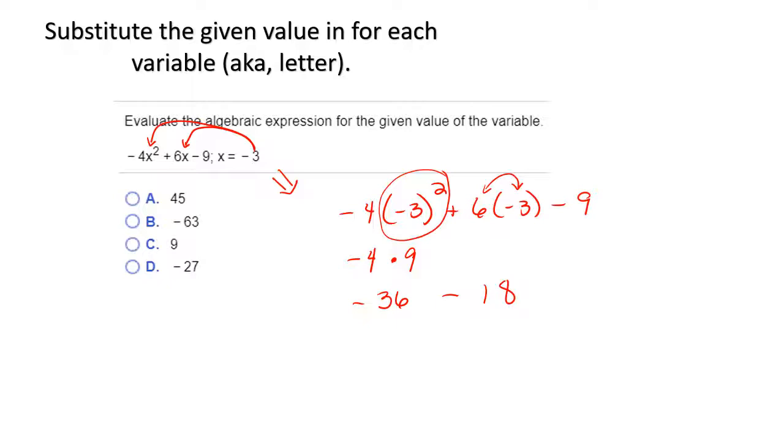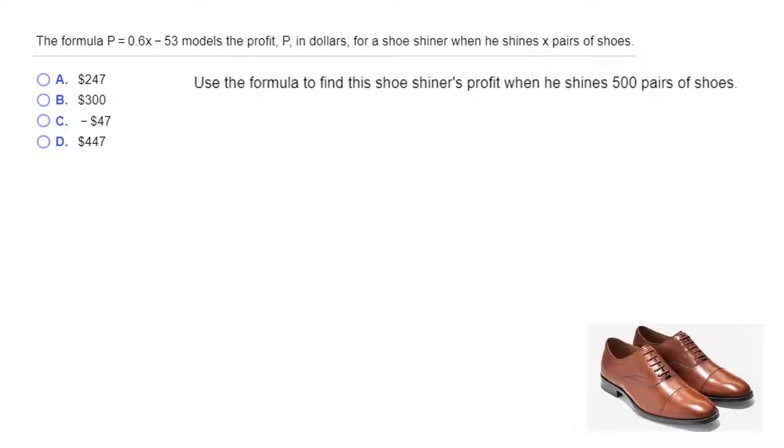Then I just bring down the constant, which is that number on the end, bring it straight down so I can total this up now. All three of these are negatives, so I would simply go ahead and add them together, and my answer will also be negative. So this is a -63. Correct answer is B.